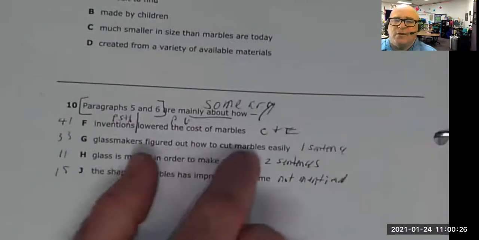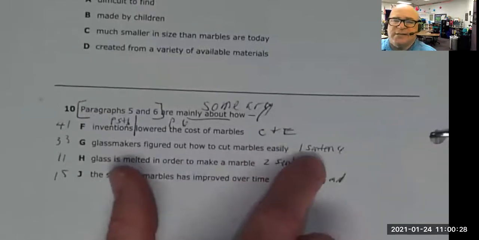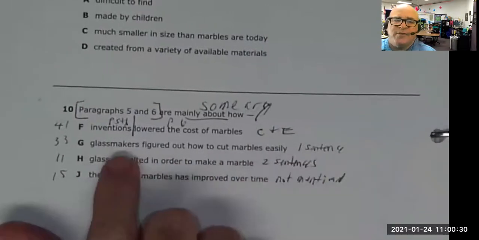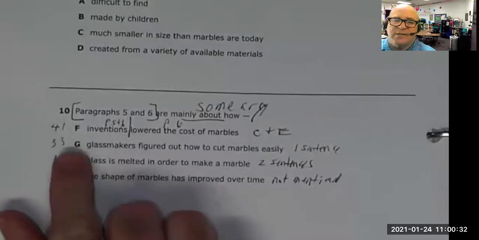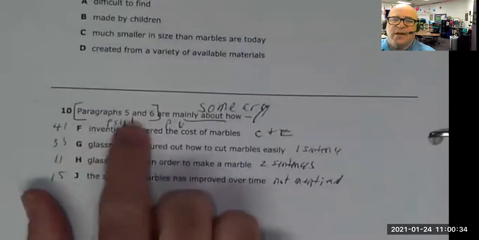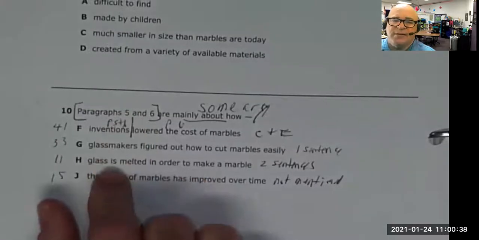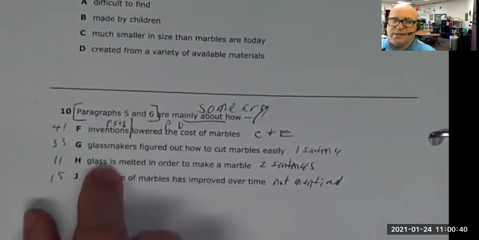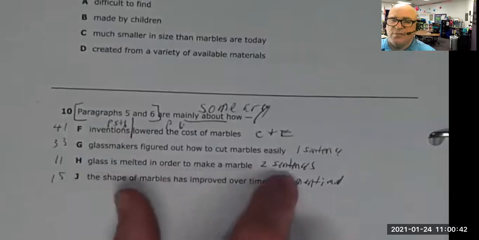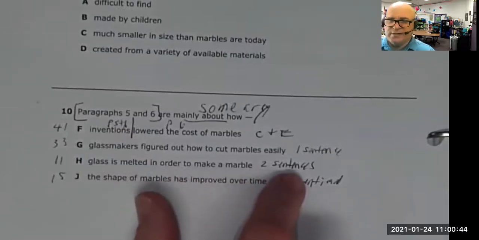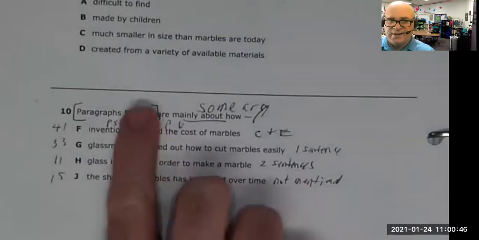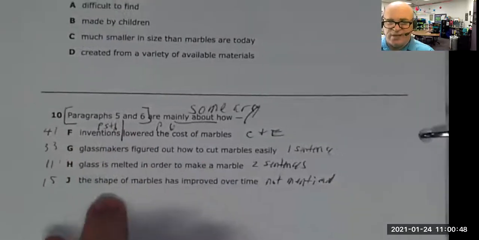G, glassmakers figured out how to cut marbles easy. That was only one sentence in the whole passage, but 1/3 of your students said one sentence is about 2 entire paragraphs. So that wouldn't make sense. H, glass is melted in order to make a marble. That's only 2 sentences in the whole section.